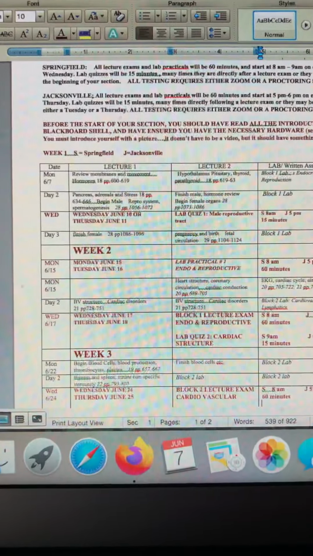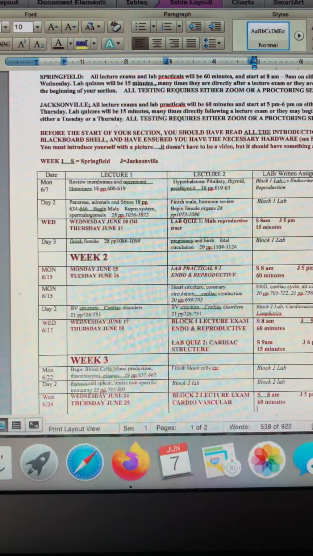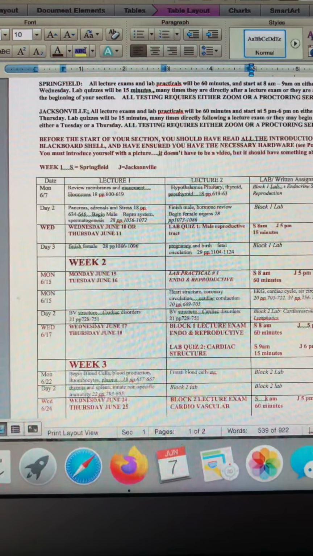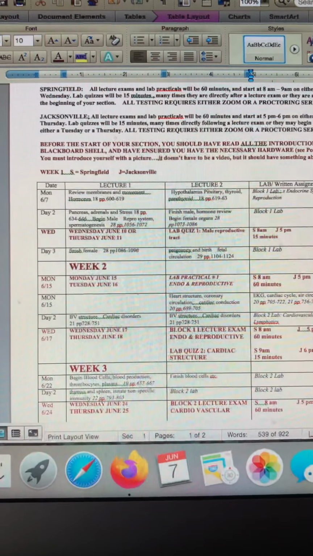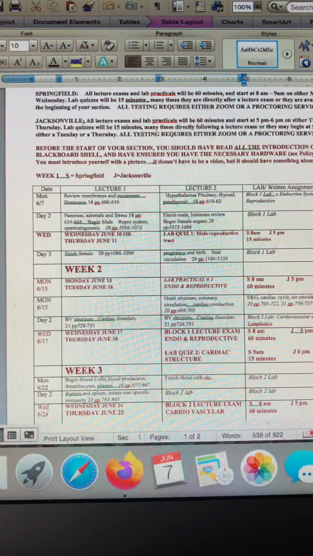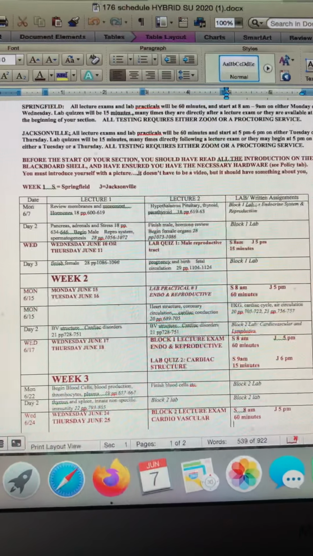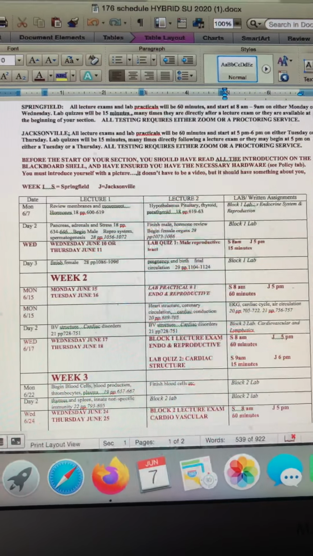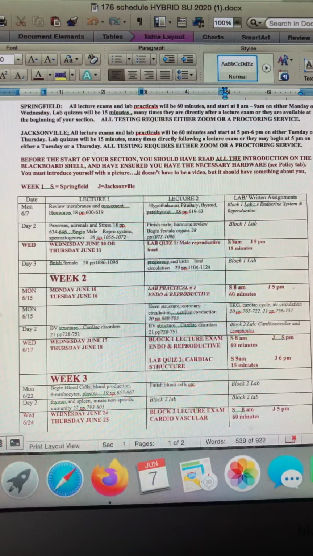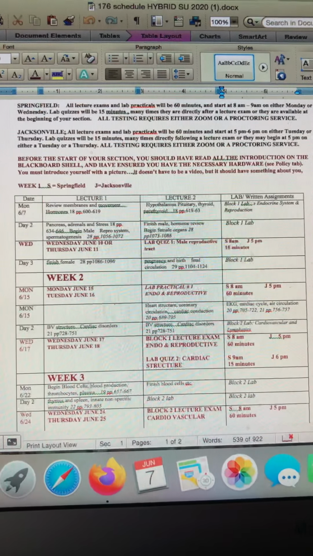So if you look, you can see where it says week number 1 in red, and anywhere it says S is Springfield, J is Jacksonville. Monday, the first lecture I would have given would be review of membranes and movement through membranes, and then hormones. Next, you'll see a number. That's the chapter. Then you'll see PP, which means pages.